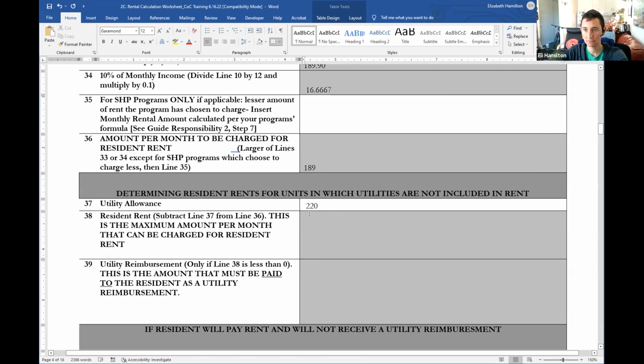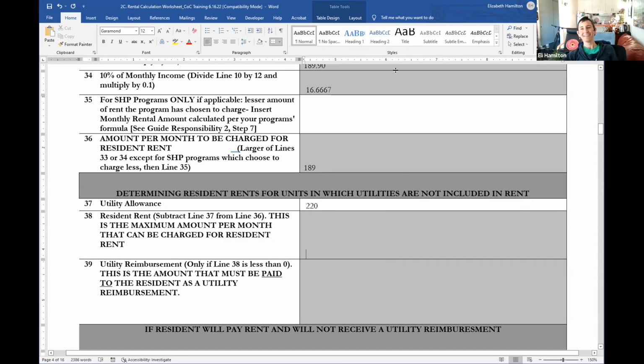There are a couple of options for that, and we're not going to go over the rules for that again. But this is a step where we often see the documentation in this calculation lacking, because either folks forget to check the utility allowance, or when the utility allowance is over the amount of rent, we just see, well, then they're paying zero, right? But what we also need to reflect is how much reimbursement they are going to be getting.